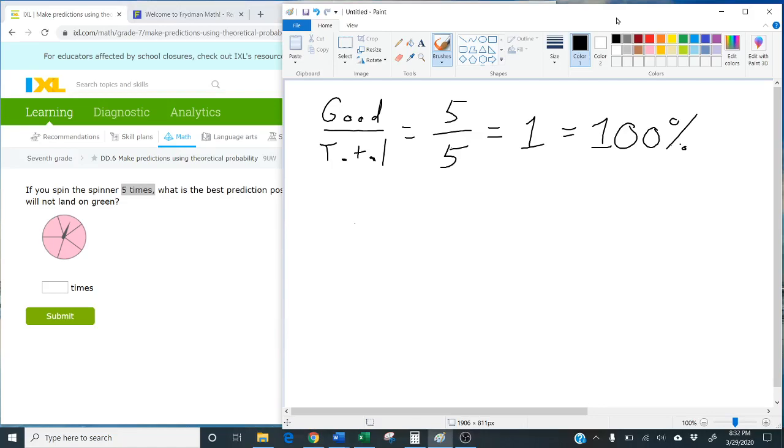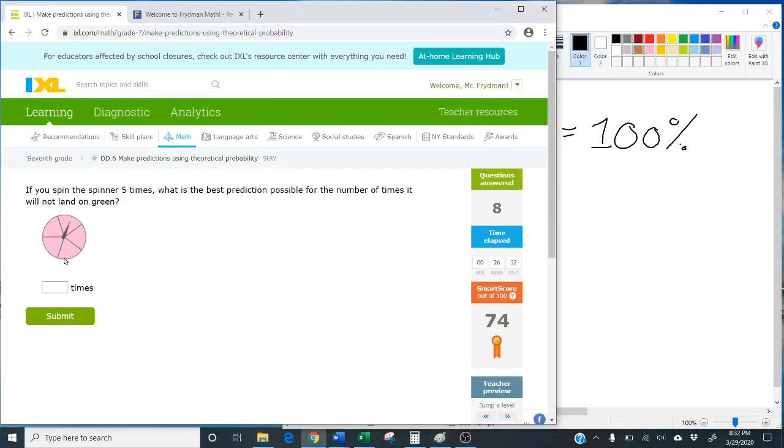Again, that would be 1 times 5 equals 5. Of course, all 5 times I'm going to land on a space which is not green because none of them are green. So I'm going to win all 5 of these times.